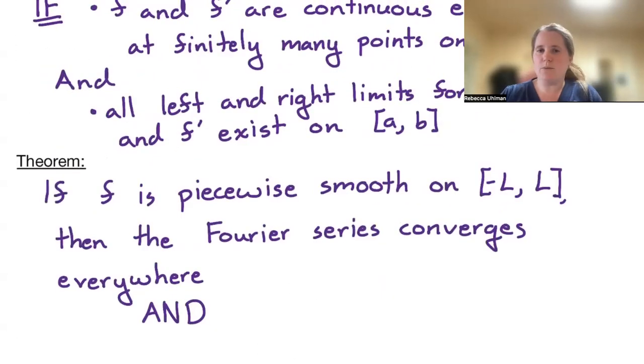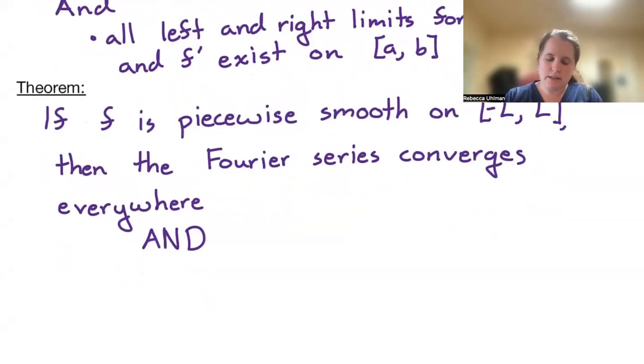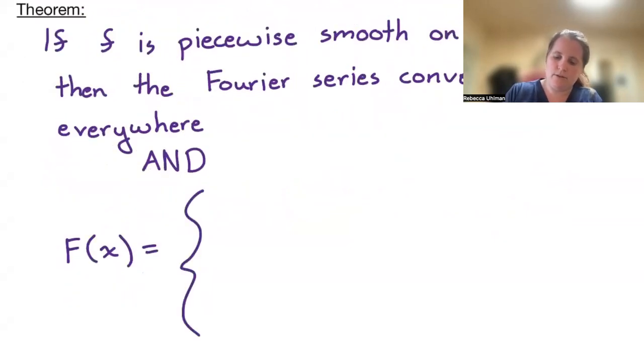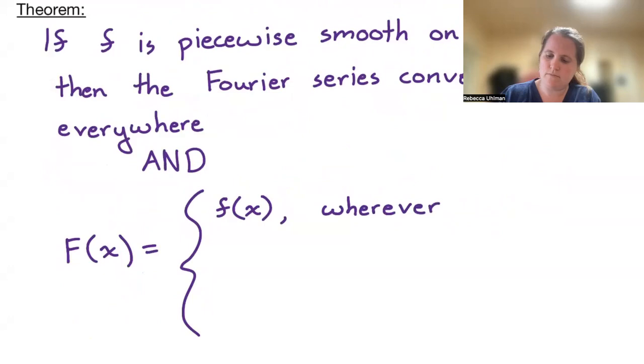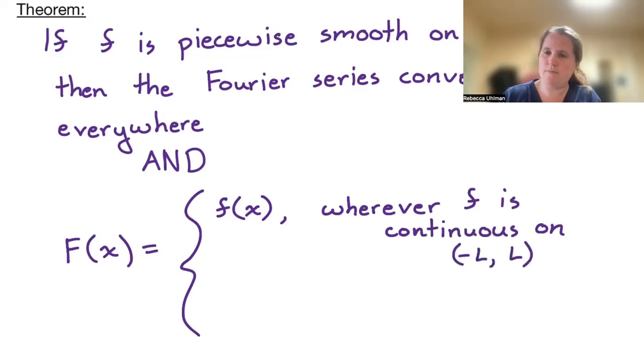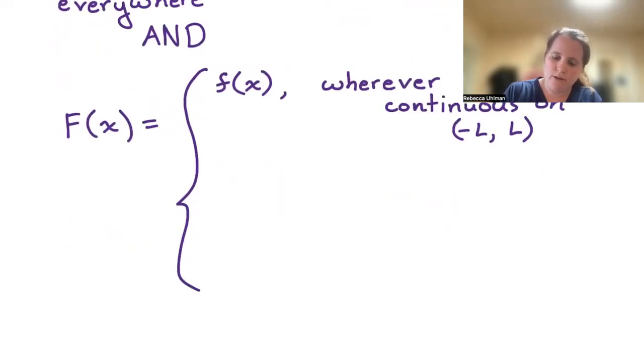So, oops, I need to give myself a little more space. I apologize. All right, so the Fourier series converges everywhere, and the Fourier series of x is equal to our original lowercase f of x wherever f is continuous on the open interval negative L to L. It is equal to the average of the left and right limits.